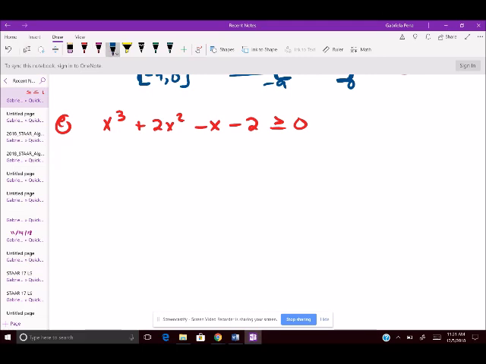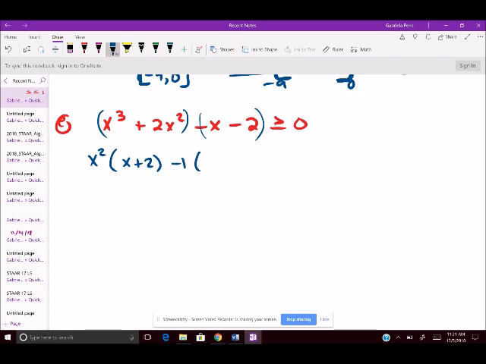So in factoring by grouping, remember you group the first 2, you group the second 2. What do the first 2 have in common? X squared. So we factor out the x squared. What was left over? X plus 2. Now, what can I factor out from a negative x and a negative 2? A negative 1.